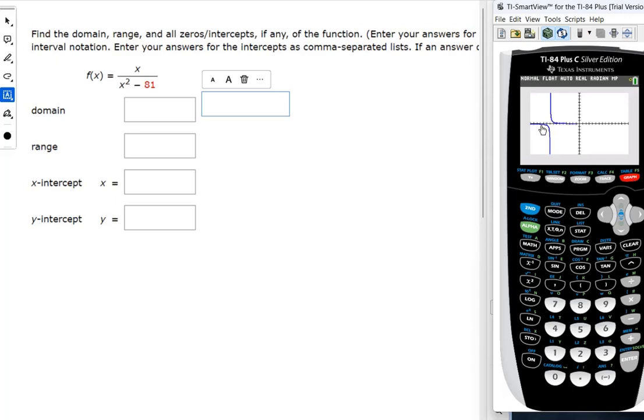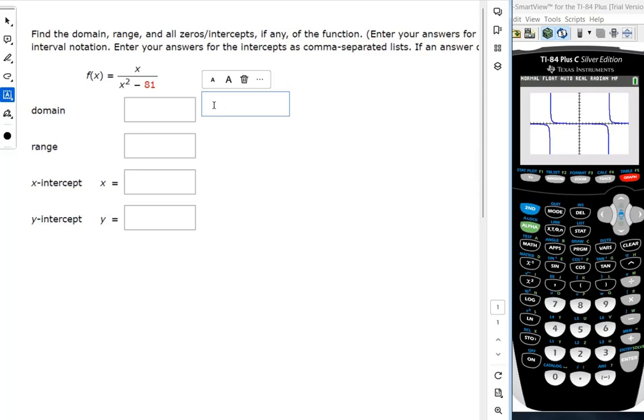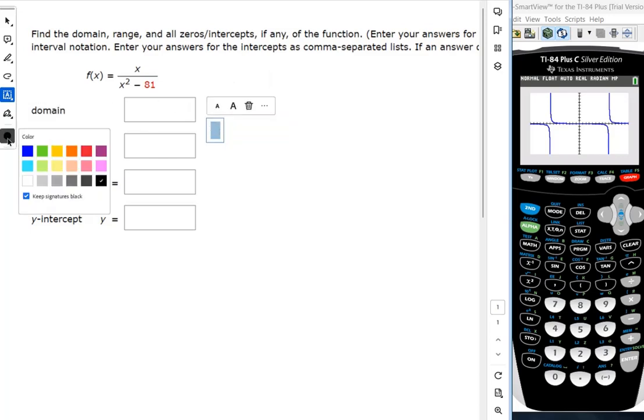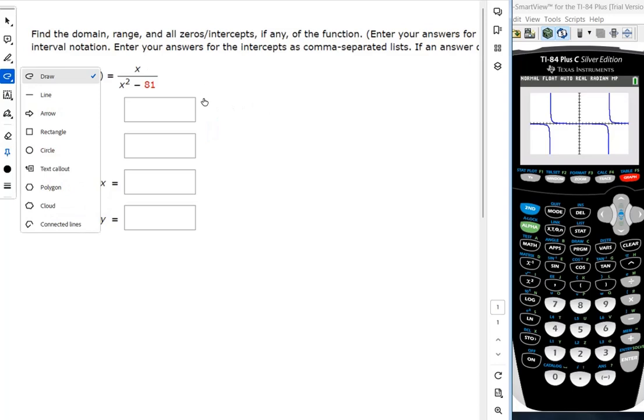You can see that we have any possible value on the x-axis until we hit -9. So I'm going to write -infinity. Oh, where's my color? Okay, gotta draw it.